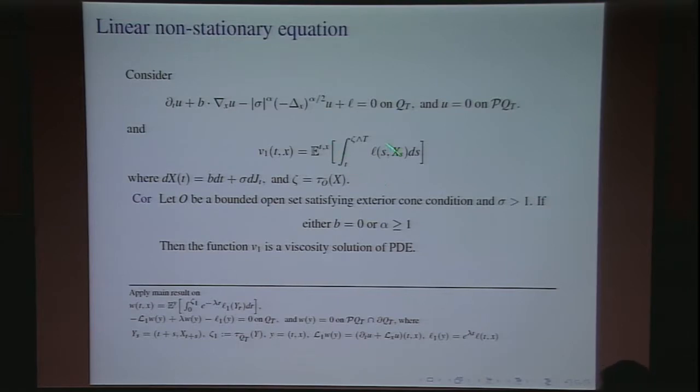Then this is an elliptic equation, and getting back to our main result, we say, okay, either b equals 0 or alpha greater than or equal to 1, then this solves this from our main result on the elliptic case.